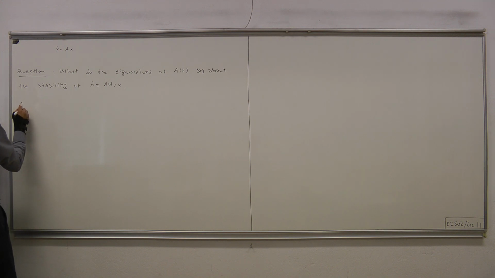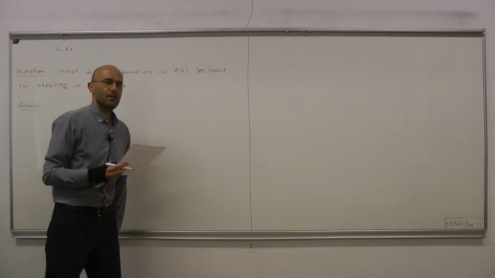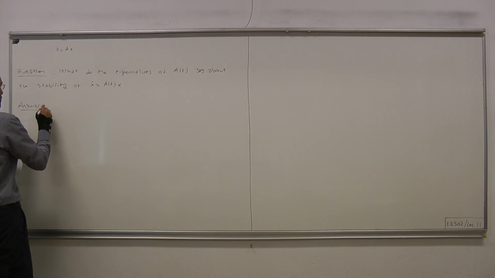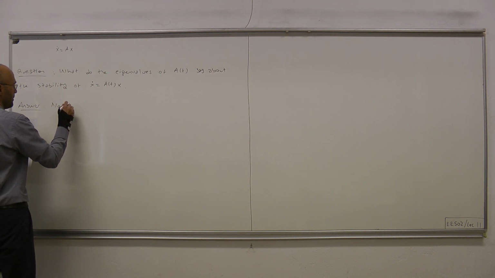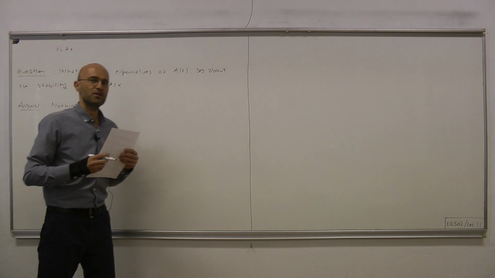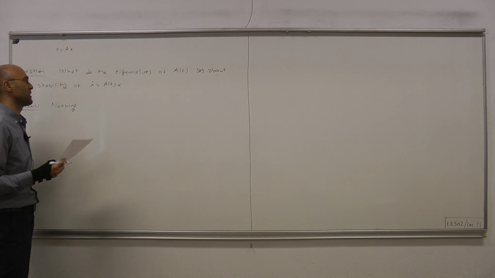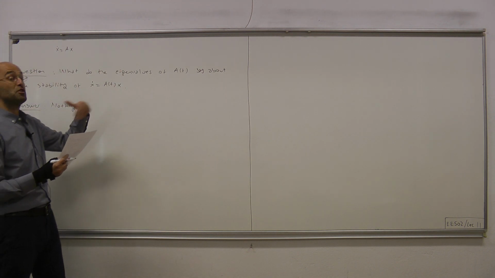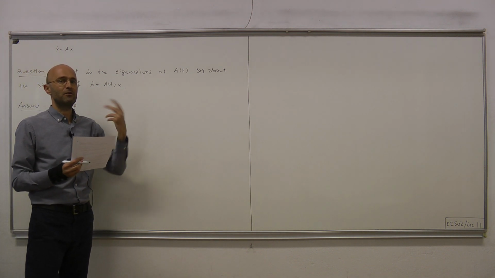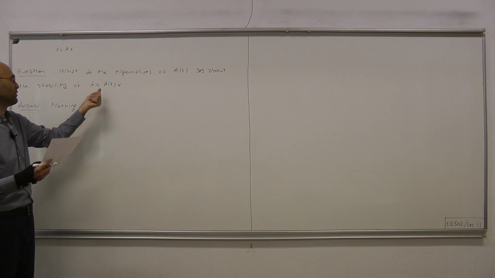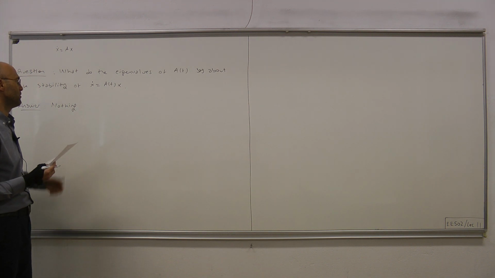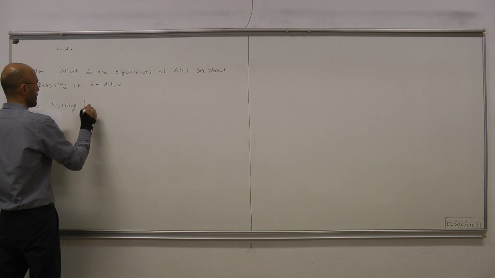Now the answer turns out to be the following. In general, nothing. So we cannot use the eigenvalues, in general, of a time varying matrix to say anything about the stability of this system x dot equals A(t) x.